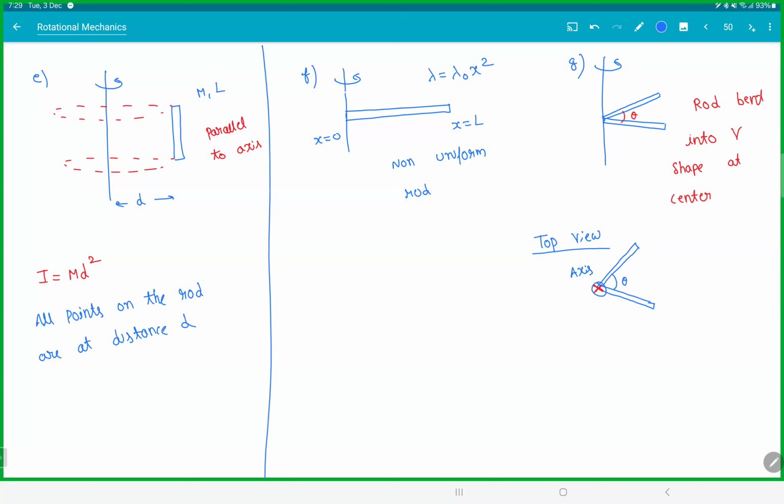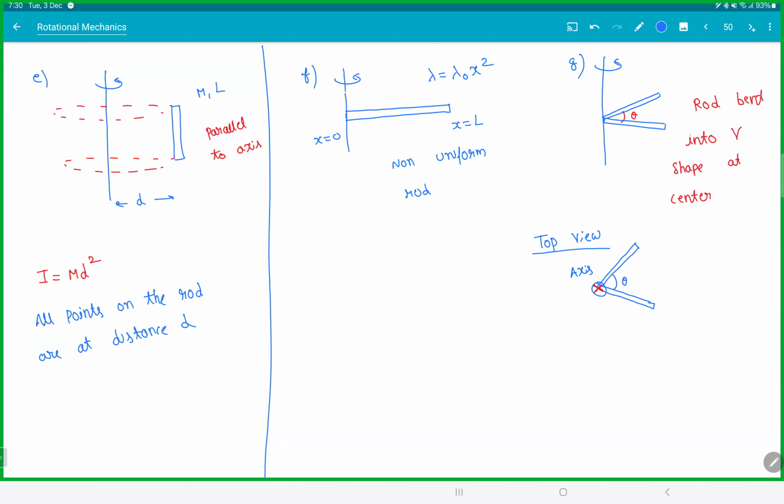What about the non-uniform rod? Get it? But you want to find center of mass. You have to find moment of inertia. You don't need to do that.